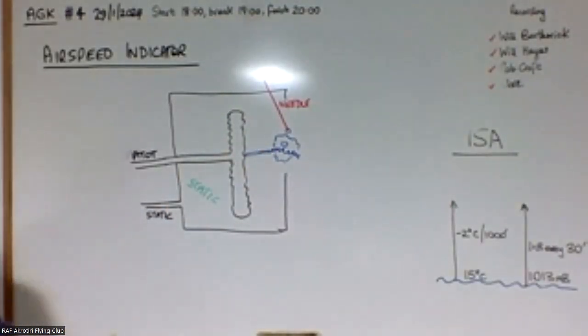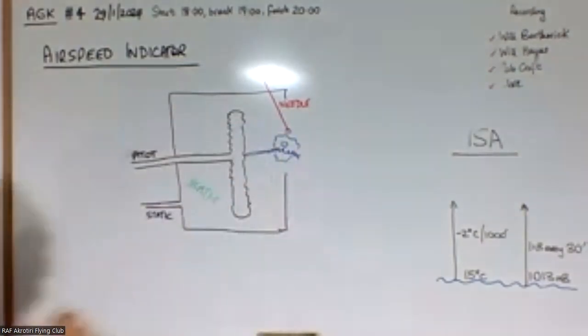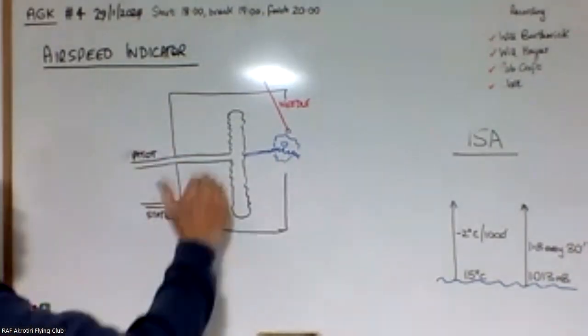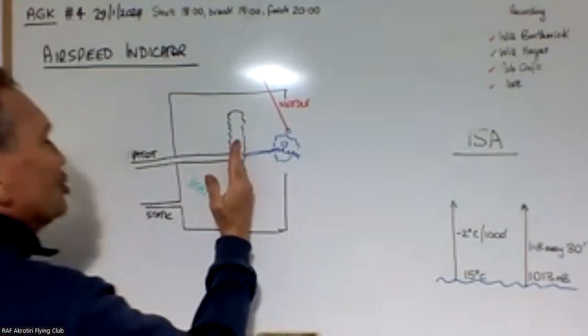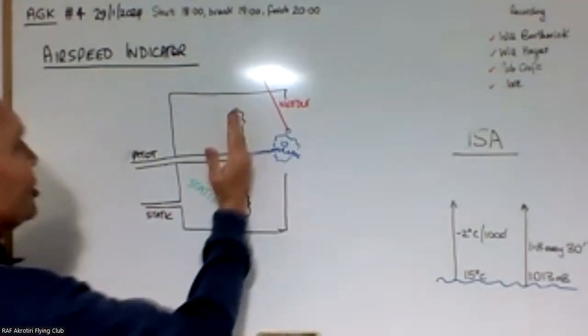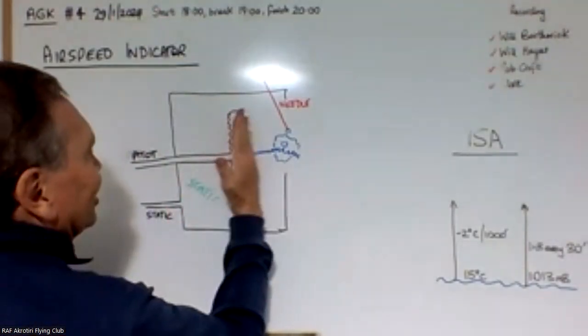So in other words, we've subtracted the static pressure off the actual pitot pressure by putting the static pressure here on the outside. So all we're doing is monitoring dynamic pressure with this capsule that's expanding and contracting.